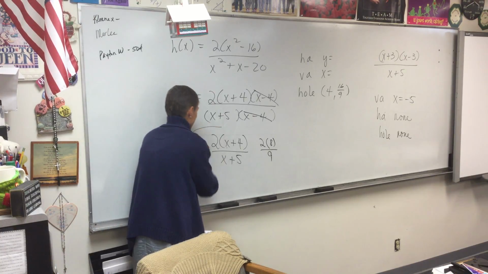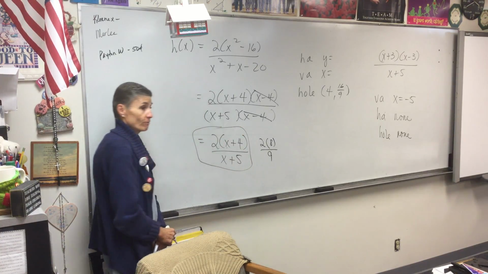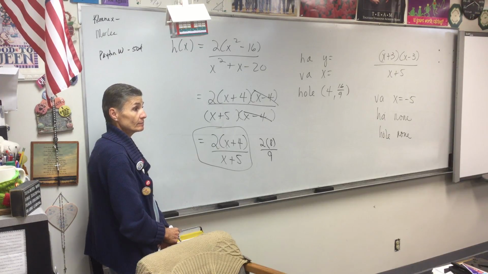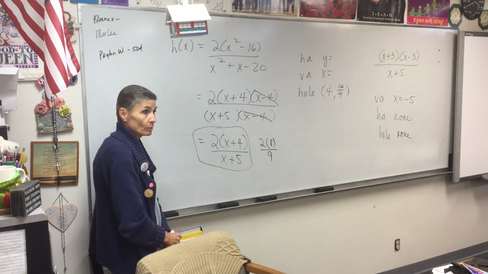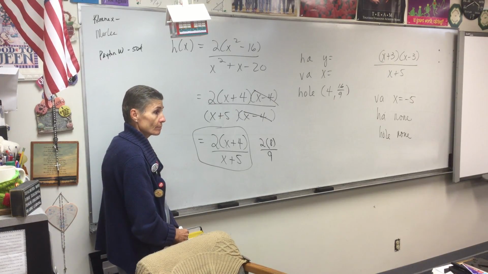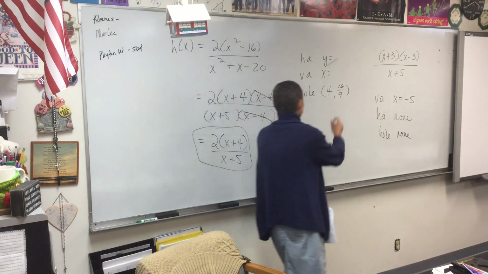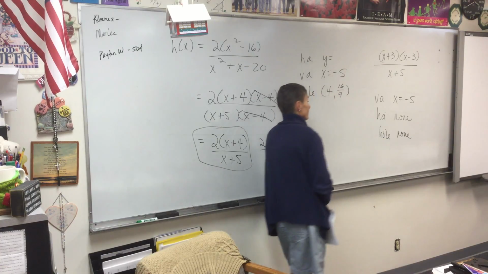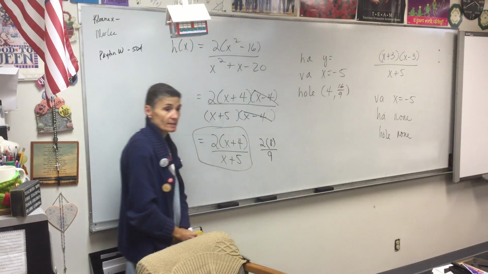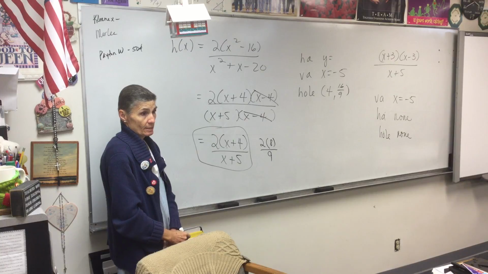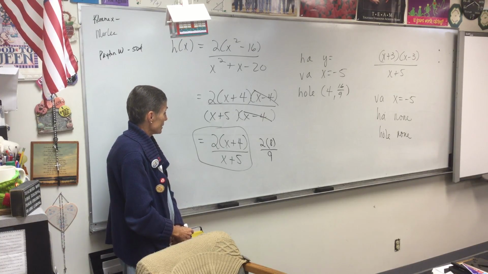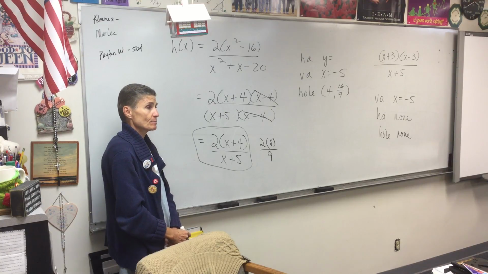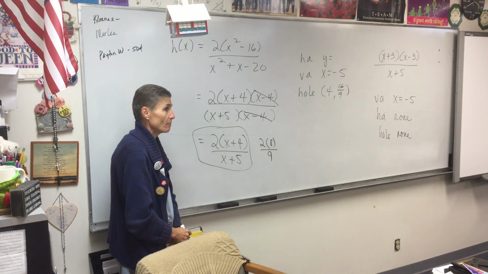Now look at this. We have any vertical asymptotes in that? Yes, we do. Where is it? X equals -5. How do we get vertical asymptotes? It's where the denominator equals 0. Does it have a horizontal asymptote? Now pay attention, look at the powers.